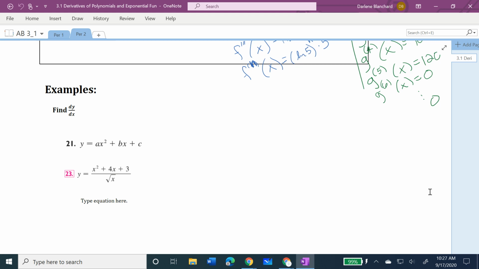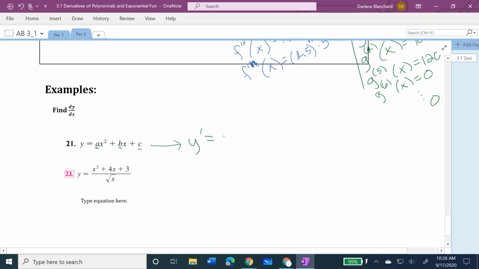So if you look at number 21, A, B, and C are representing unknown constants. They are not the variable. X is the variable. So when you take the derivative, you're going to take the derivative thinking of them as constants. So with that understanding, what is the derivative of y for number 21?